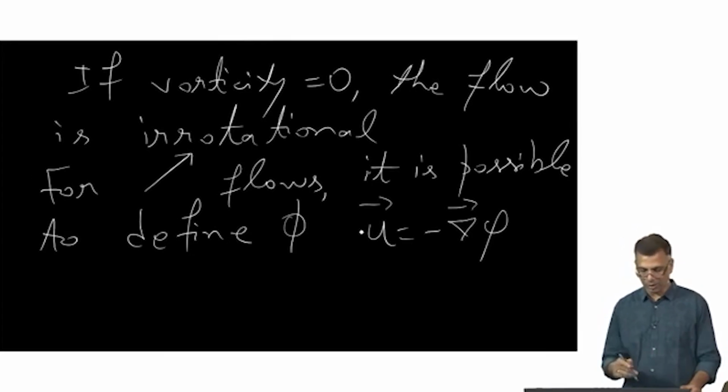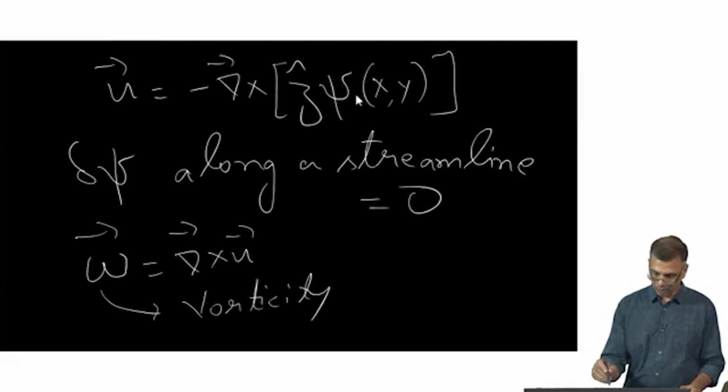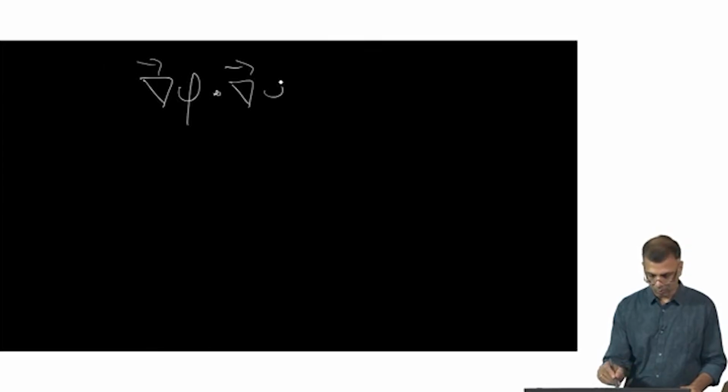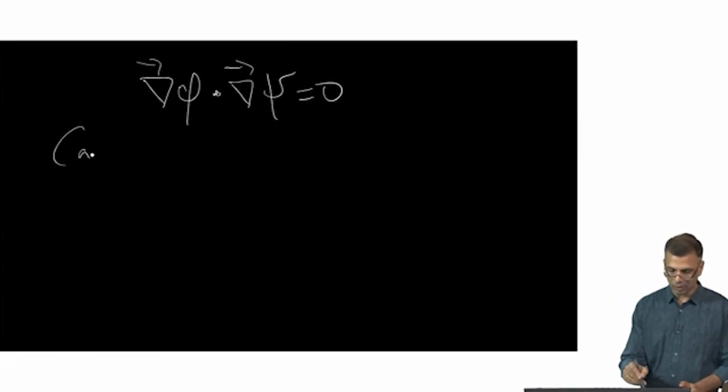And there's a nice relation between the phi, the scalar potential, and the psi, which is the stream function, and that is as follows. This is equal to 0. And the advantage in introducing functions in these ways is that the Cauchy-Riemann conditions.